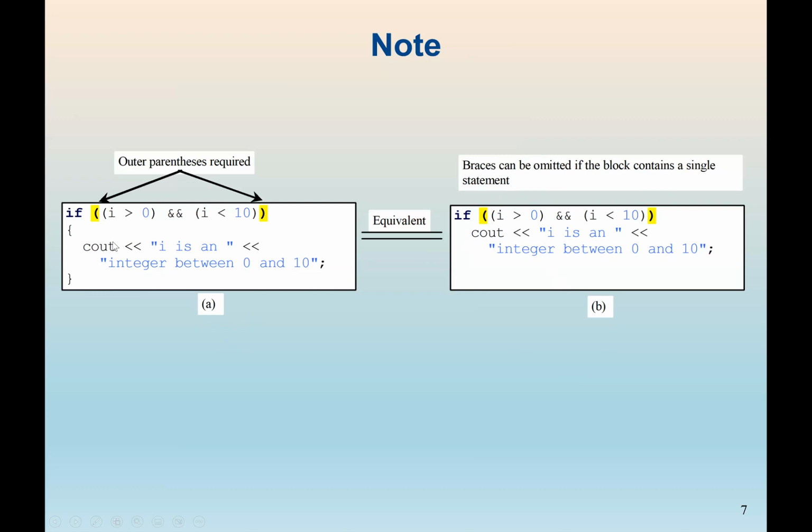Because if, for example, I have two lines of statements and I don't have the curly braces, only the first statement will be affected by the if condition. The second and the rest of the statements will always execute. It doesn't have anything to do with the condition.